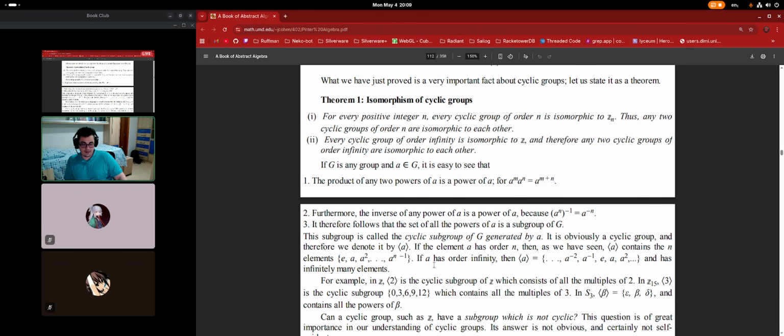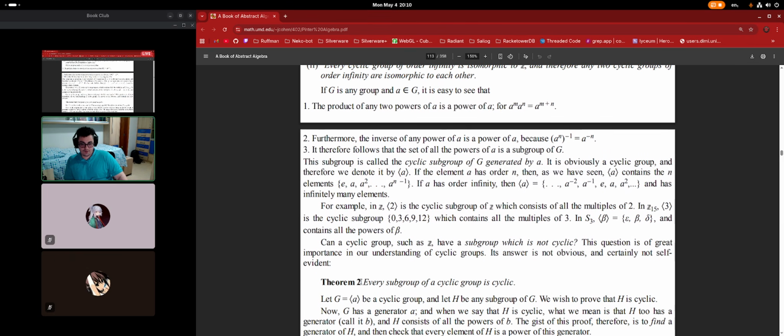If the element A has order n, then, as we have seen, cyclic of A contains the n elements, those. If A has order infinity, then those. For example, in the integers, cyclic of 2 is a cyclic group which consists of all the multiples of 2.